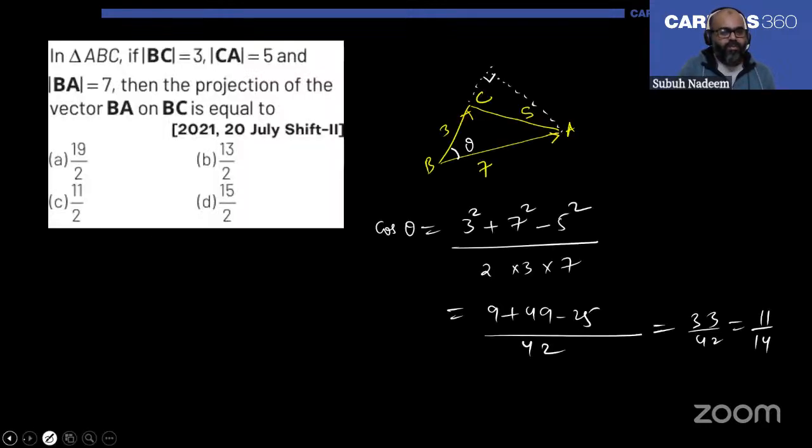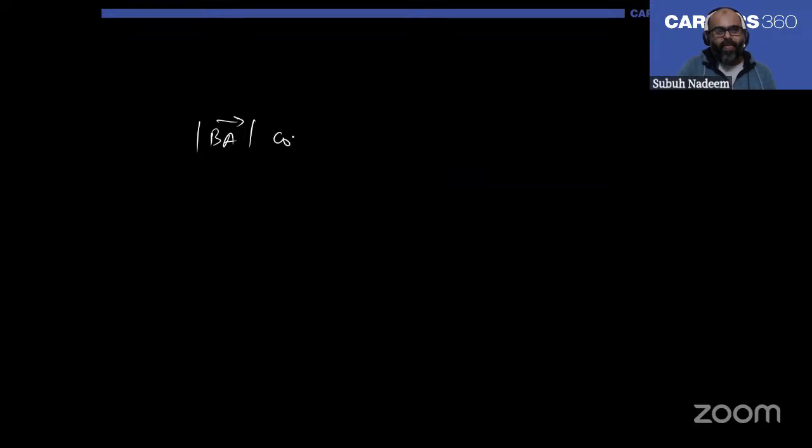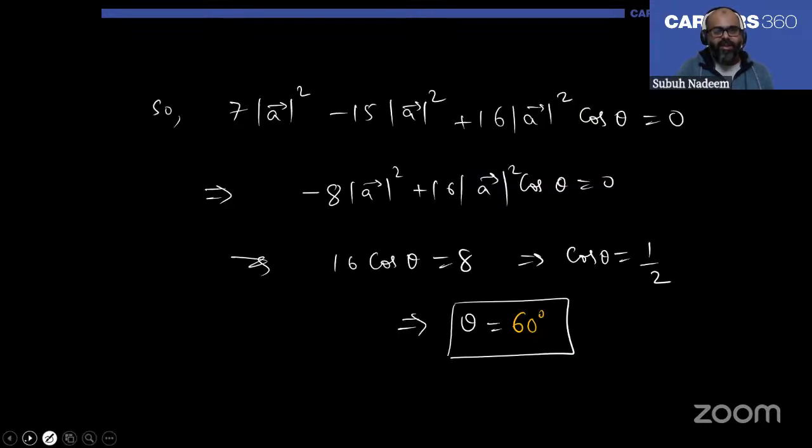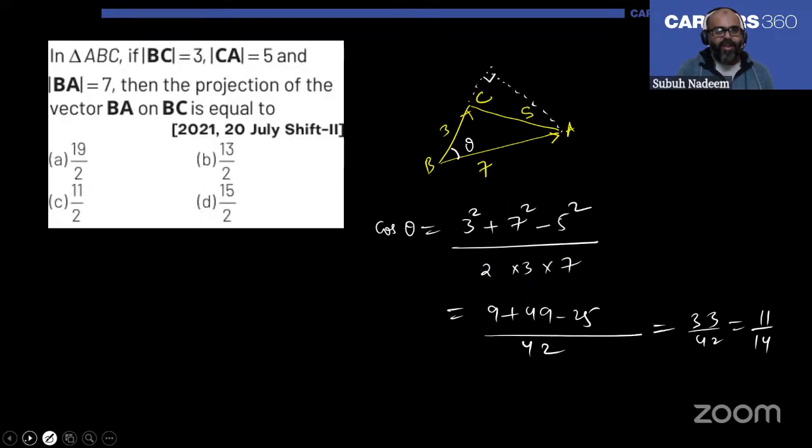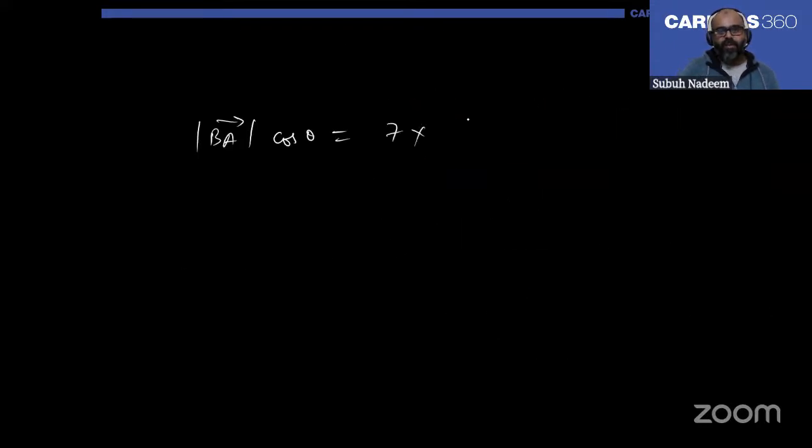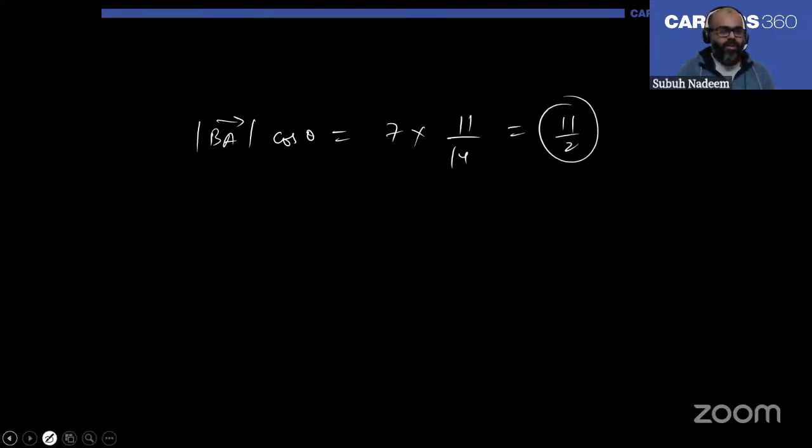Now the component of BA on BC is basically BA mod cos theta. So BA is 7 and cos theta, what we got here, is 11 by 14. So it is 7 times 11 by 14, which becomes 11 by 2. So what is our answer?